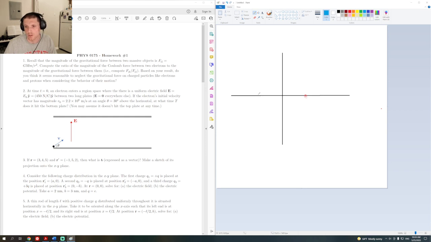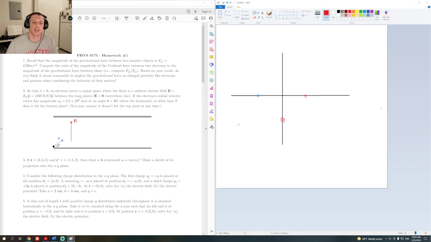So maybe it's approximately here. Okay, and then we have a third charge that is positive, right? So I said that I would make that red, and that's going to be down here, and it's a little bit further away from the origin than the other two, though that doesn't actually show up very well in the sketch here.